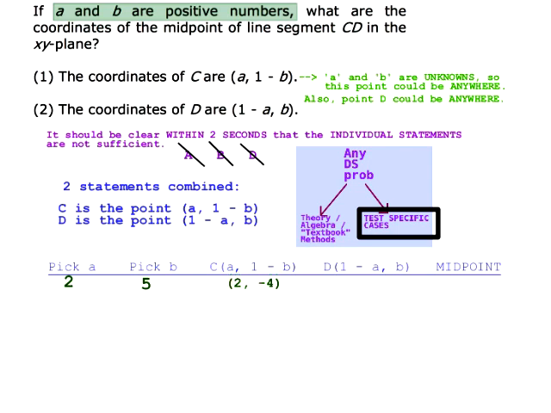And 1 minus A, comma B is negative 1, 5. The midpoint of those: the average of 2 and negative 1 is 1/2, and the average of negative 4 and 5 is also 1/2.